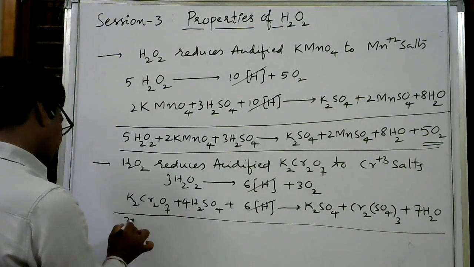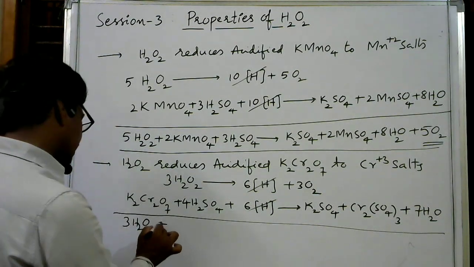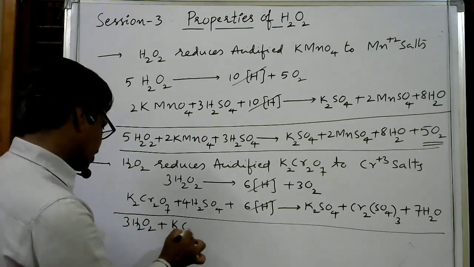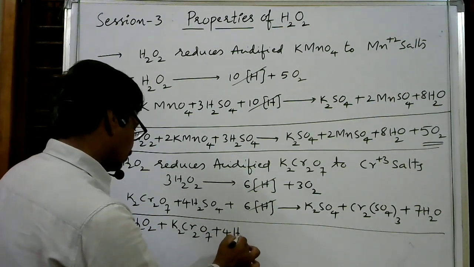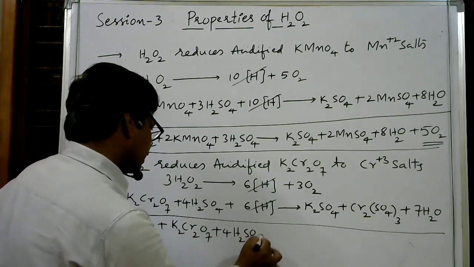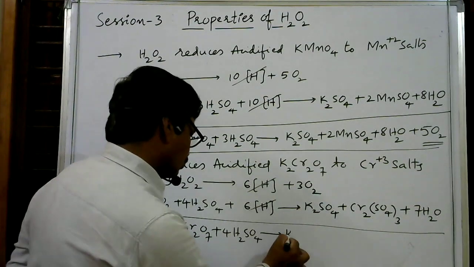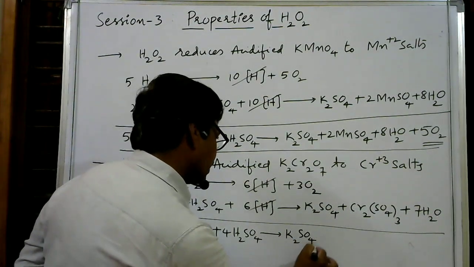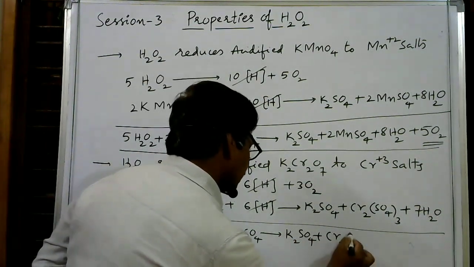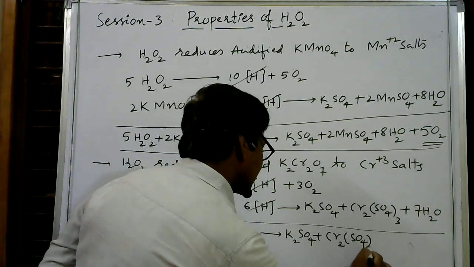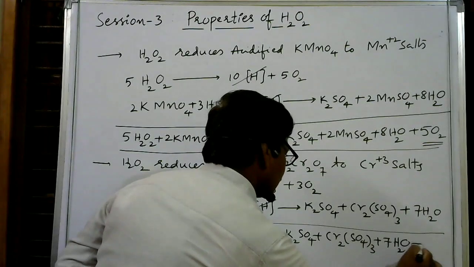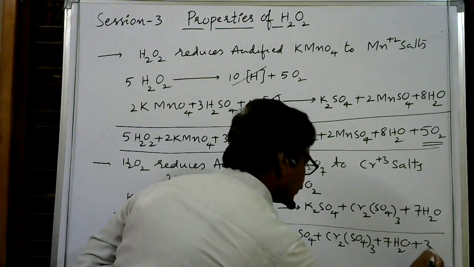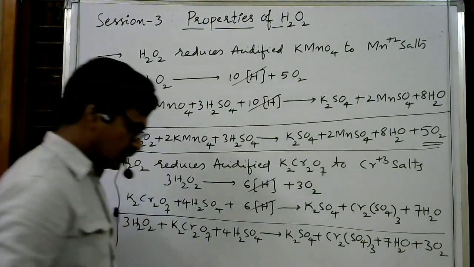Here 3 H2O2 plus K2Cr2O7 plus 4 H2SO4, I am adding both the reactions, give rise to K2SO4 plus Cr2(SO4) taken thrice plus 7 H2O plus 3 O2. This is the total reaction.